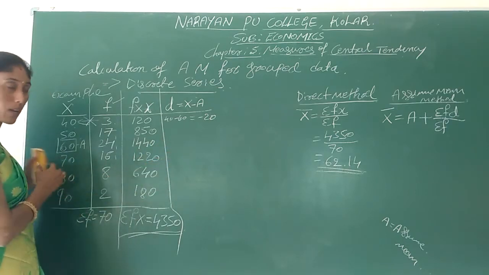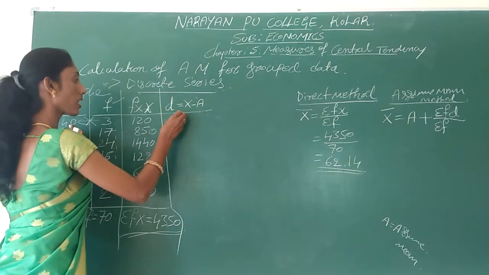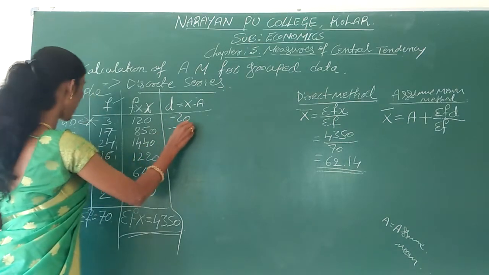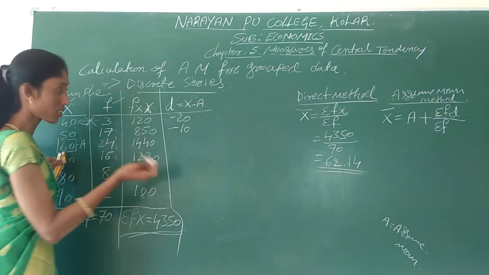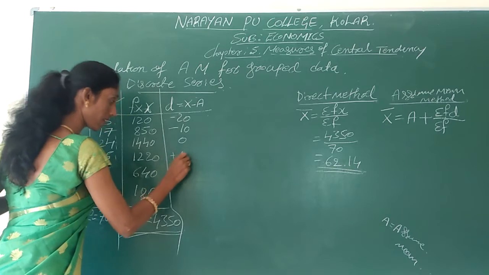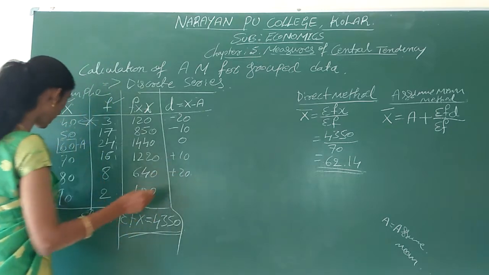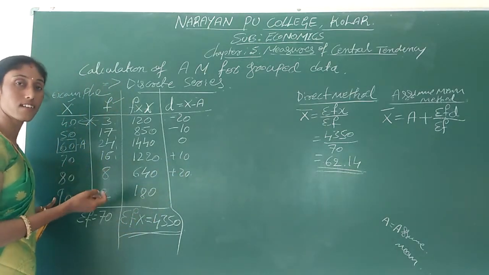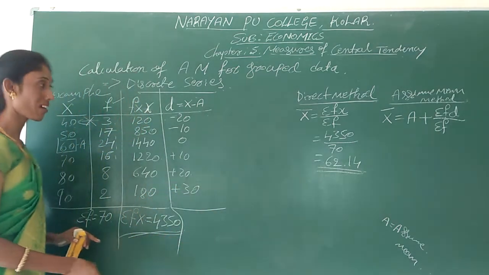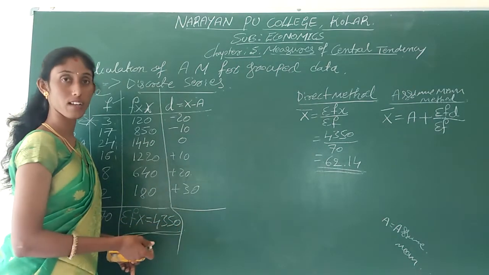You know this type of calculation, right? Now I will put the answers directly here. 40 minus 60 is minus 20, 50 minus 60 is minus 10, 60 minus 60 is 0, 70 minus 60 is plus 10, 80 minus 60 is plus 20, 90 minus 60 is plus 30. Got it? If you want, you can add these d values to get sigma d, but we don't need sigma d now.